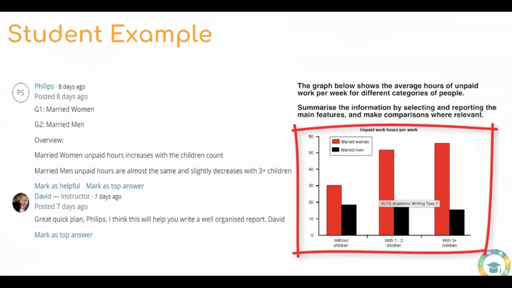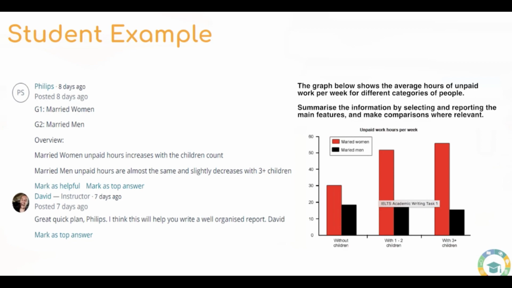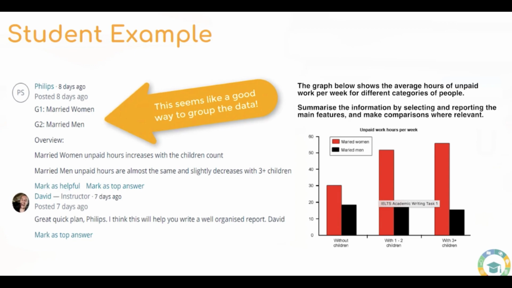Now we'll return to the plan and see if the student has really understood this information and if they have a plan that will help them structure their report. Beginning with the grouping of married women and married men, yes, I think that makes perfect sense to split the data and organise our writing into logical paragraphs.